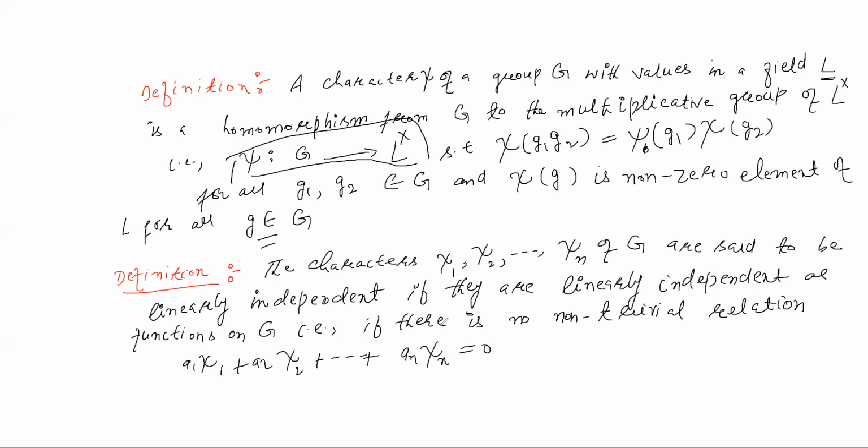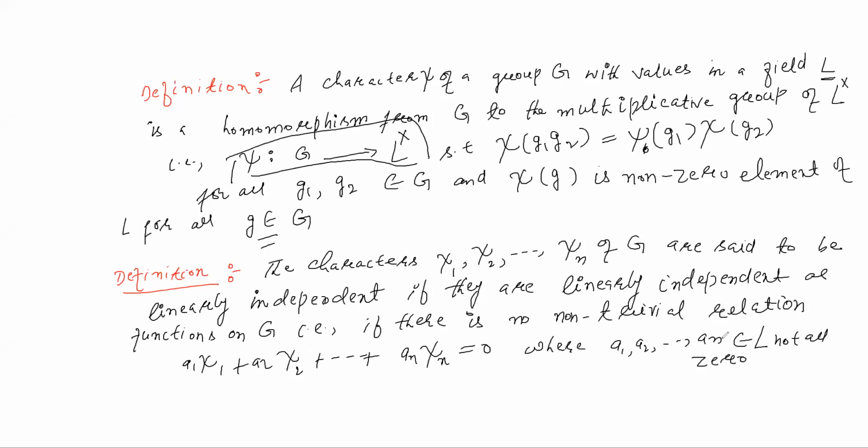So linearly independent means there is no non-trivial relation of this type, where a1, a2, and so on up to an are elements of L, not all 0.